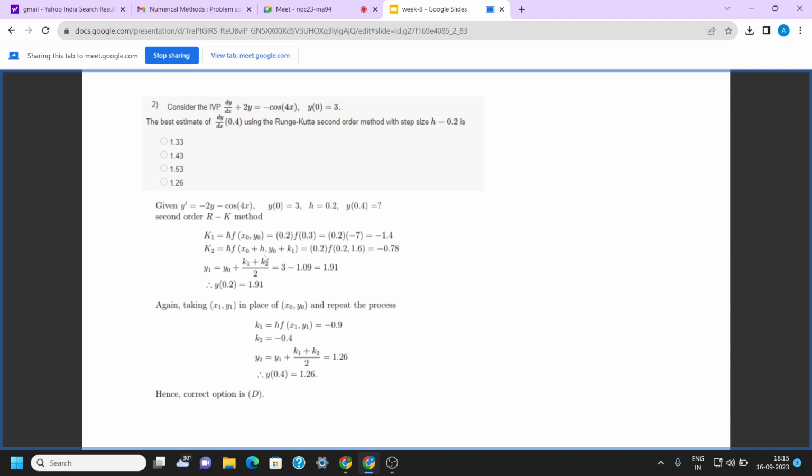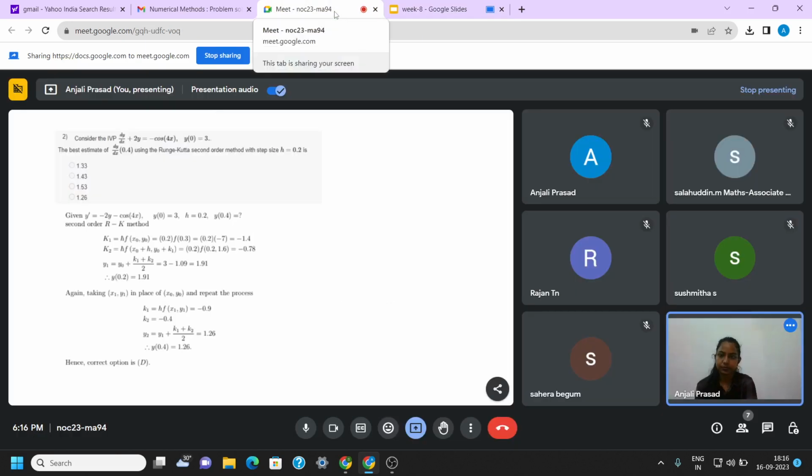So when you put here x naught plus h and y naught plus k1, you will get f of 0.2 comma 1.6. Okay, just check it. Are you getting till k2?